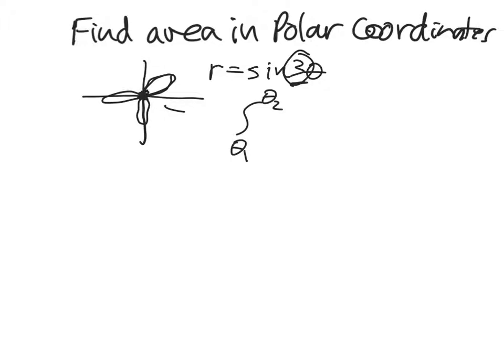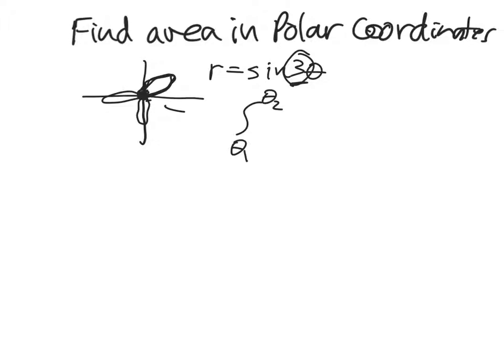So theta 1 to theta 2. And that takes some work with the polar coordinates, but it might go from 0, well, in this case, I think it's 0 to pi over 3. Yeah, I think it's pi over 3.